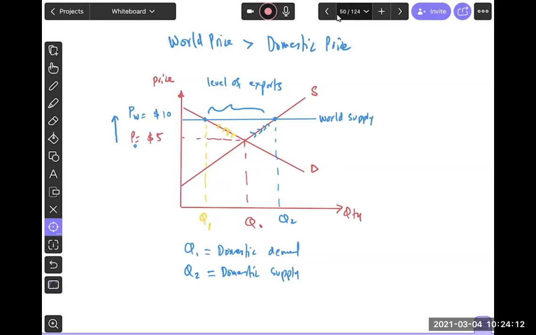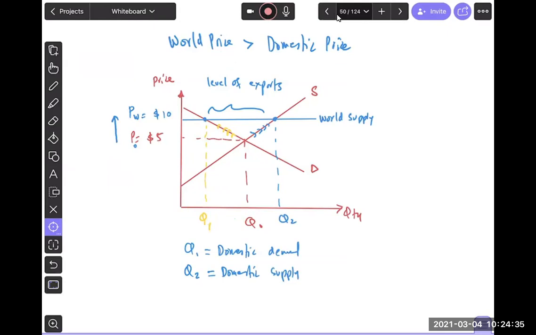Why? Because the world is giving you a better price, so you will sell it to the world, and domestic consumers lose out because they will now have to pay a higher price. How many consumers are denied the good because it has become expensive? Q0 minus Q1. Very good job.